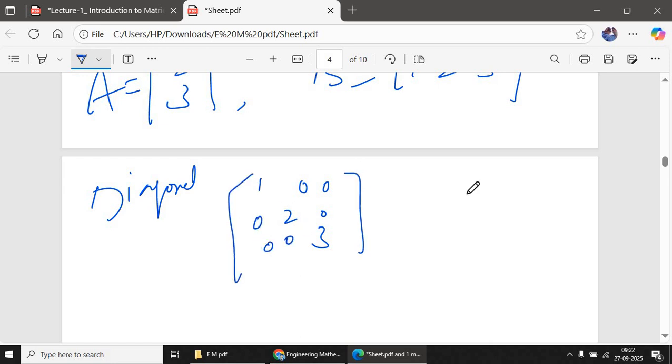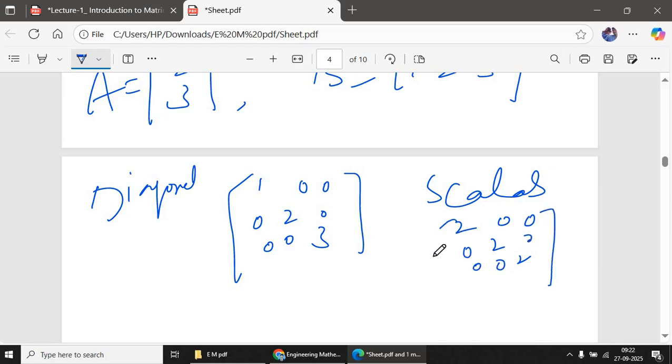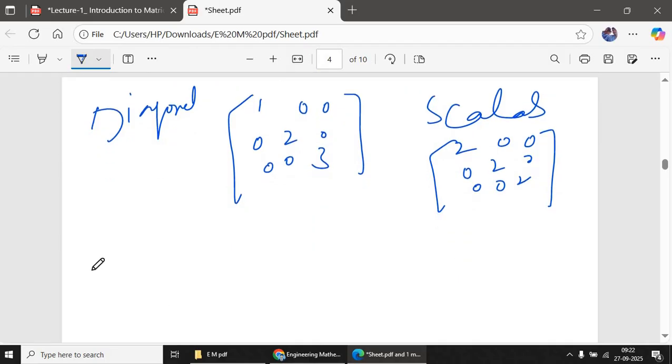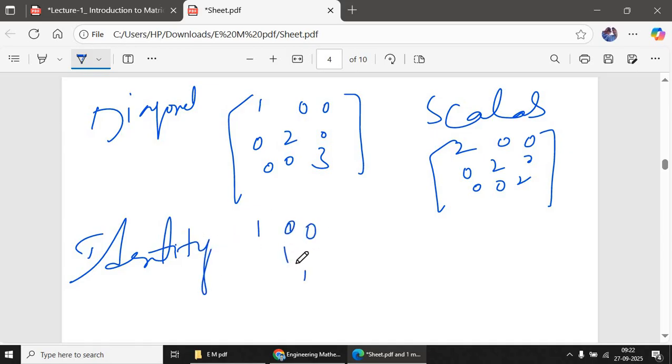And similarly, scalar matrix. A scalar matrix is nothing but the diagonal elements should be the same, and the rest of the things will be 0. And similarly, the identity matrix, everyone knows that I think. An identity matrix is nothing but the diagonals will be 1 and the rest of the things will be 0.